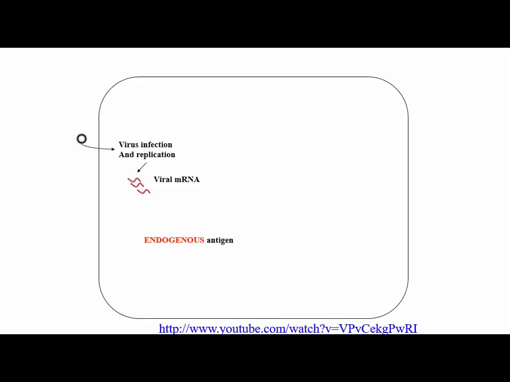It's in the cell, and what happens is it will start to replicate, produce its own proteins, and when it produces its own proteins, it will then get processed through the immunoproteasome. Now, the whole function of a proteasome is to break down proteins that the cell no longer uses. Okay?